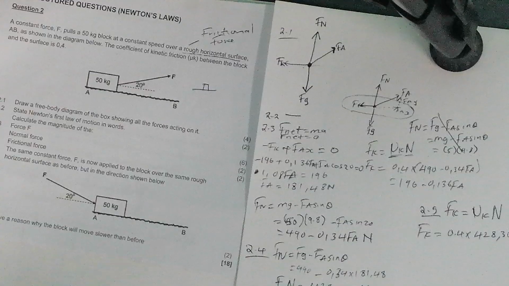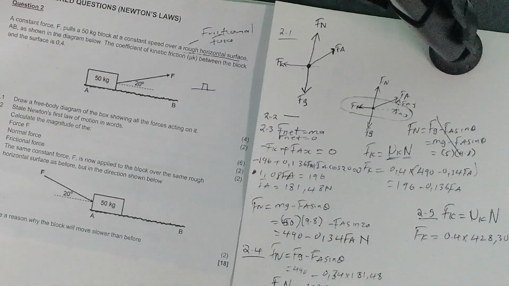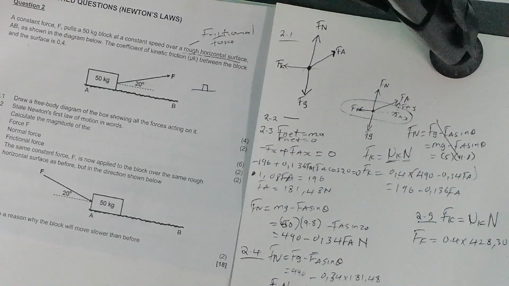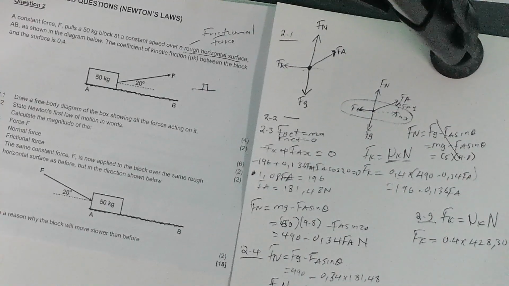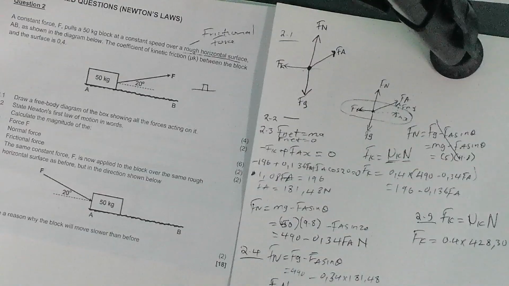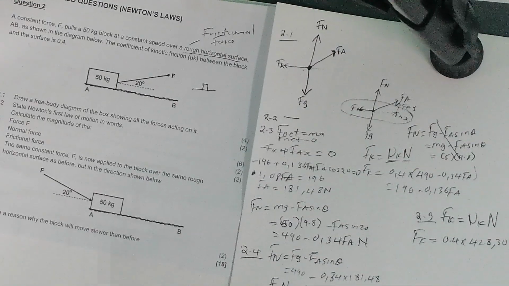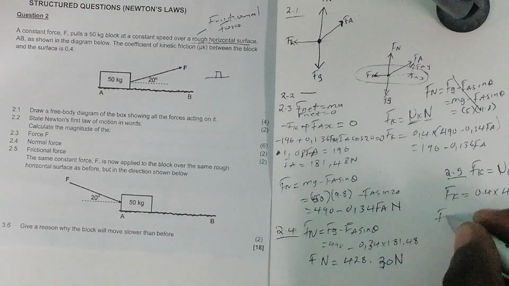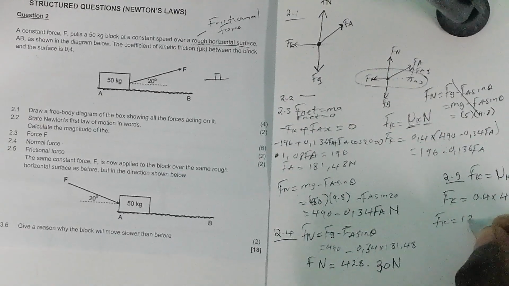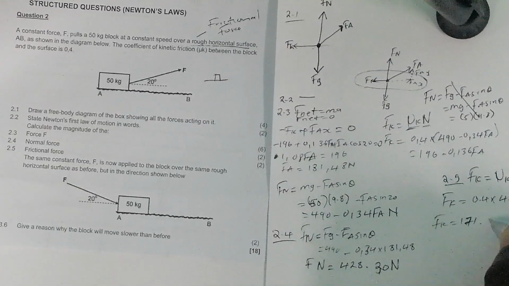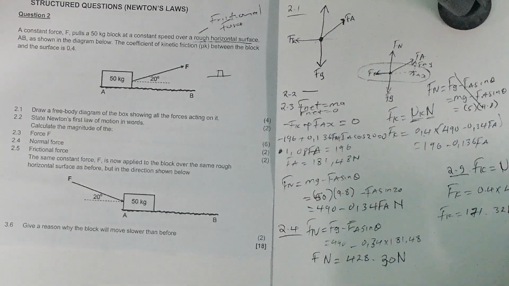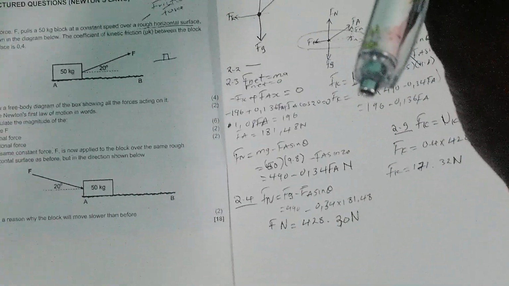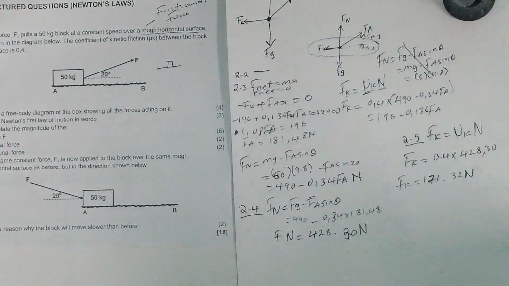Then you can just punch that in your calculator. 0.4 multiplied by 428.30. Then you will have your answer as 171.32. The value of Fk is 171.32 newtons. Let me just fix my stand.